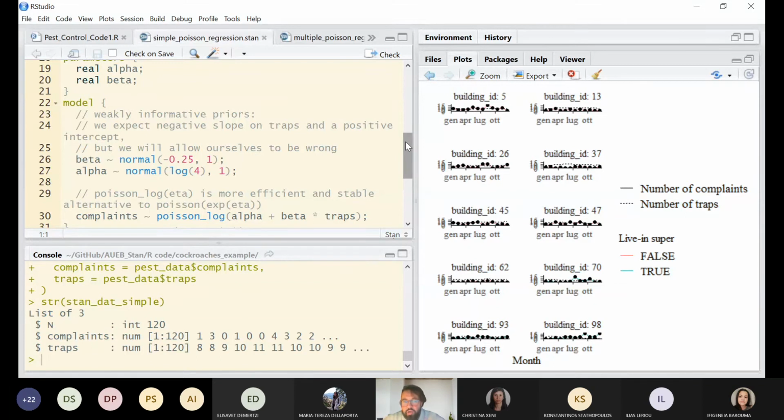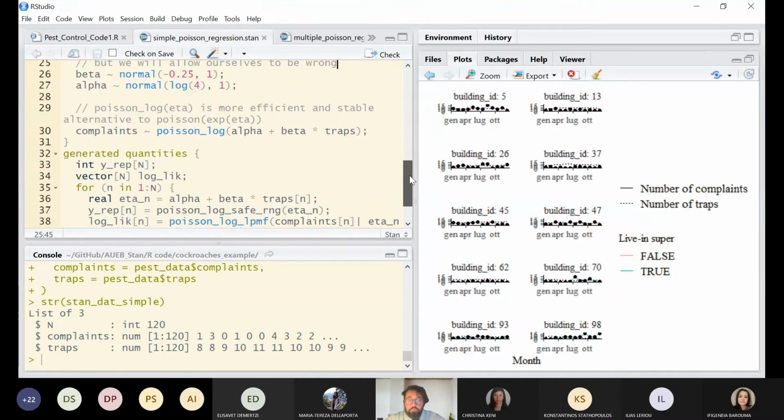One of the nice features of Stan, as you can see here, is that Stan allows for vectorization. So here you don't need to write a loop for a small n from 1 to capital N, complaints n is a Poisson log. No, you can just write complaints, of course, the dimension of complaints is n, Poisson log, and Stan immediately realizes, if everything is stored in the right way, that you are vectorizing your code.